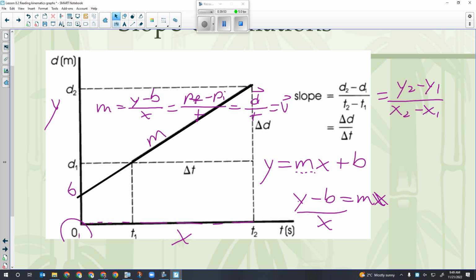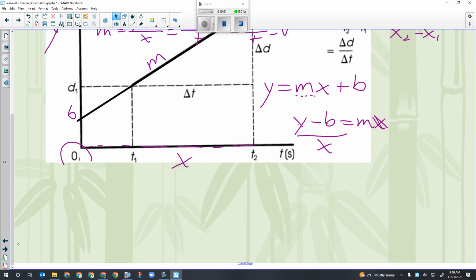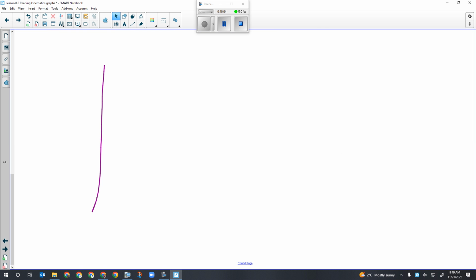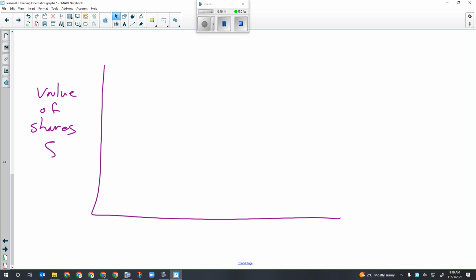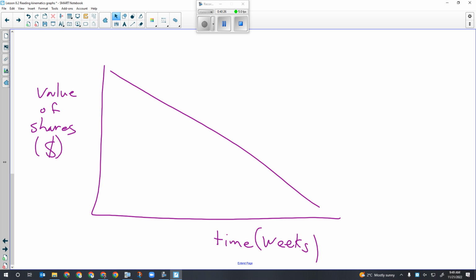Not at all. It's only velocity on a position versus time graph. If I had a graph of the value of shares over time, is the slope of that line going to be velocity?